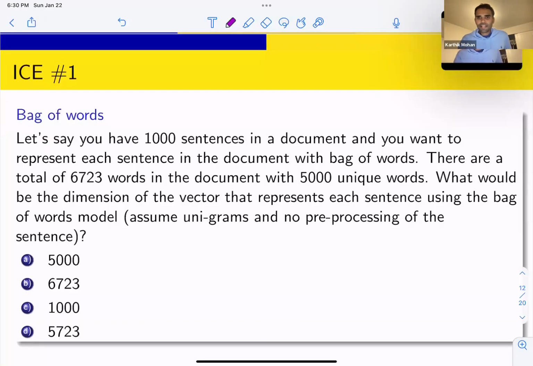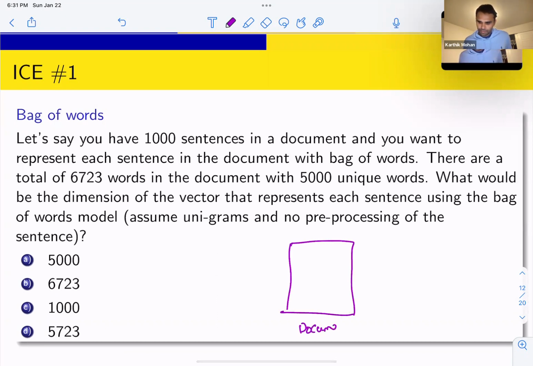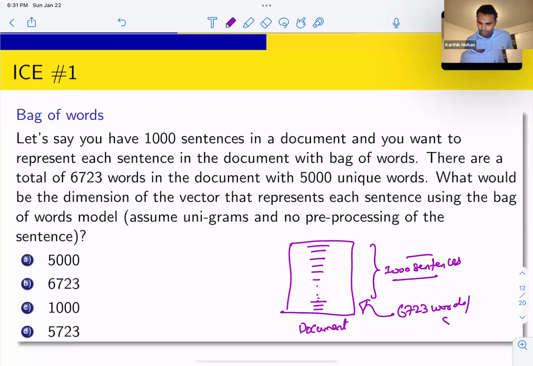Let's now look at an in-class exercise on bag of words. So let's say you have 1,000 sentences in a document. So that's a document, and you have 1,000 sentences. And let's say in this document you have 6,723 words, of which 5,000 are unique.